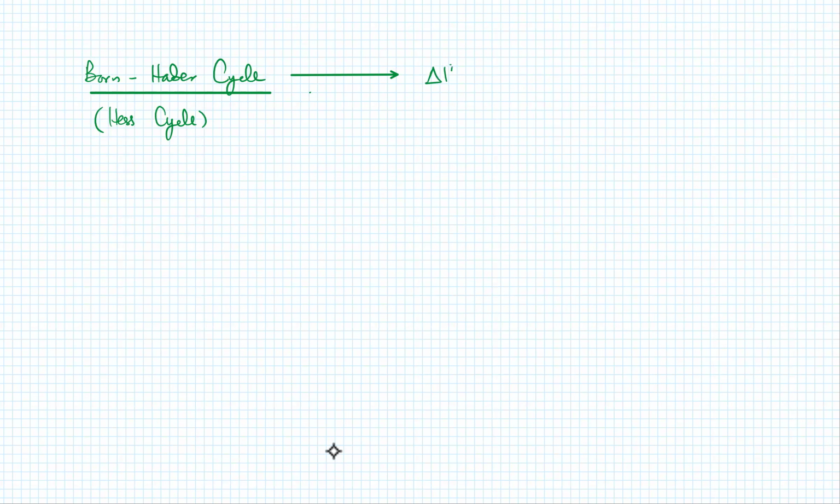So specifically, it's used to calculate the lattice energy of different substances. So what is Hess law? Hess law states that the enthalpy change of a reaction is the same no matter what path is taken.